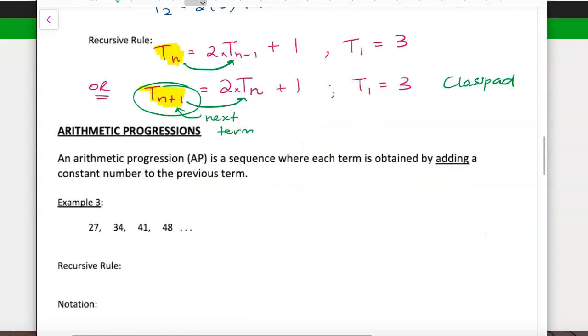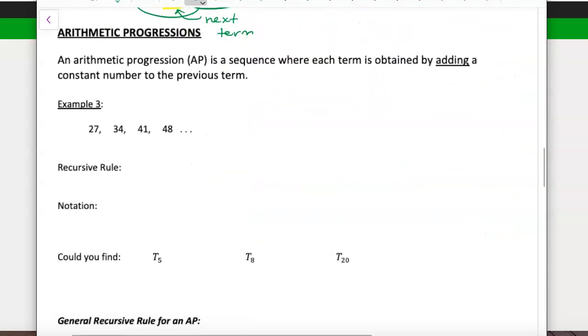A particular sequence where we're simply adding on a constant number to the previous term all the time is called an arithmetic progression. This is often summarized as an AP. So an arithmetic progression is a sequence where each term is obtained by adding a constant number to the previous term. In our third example, we've got 27, 34, 41, 48, and continuing.